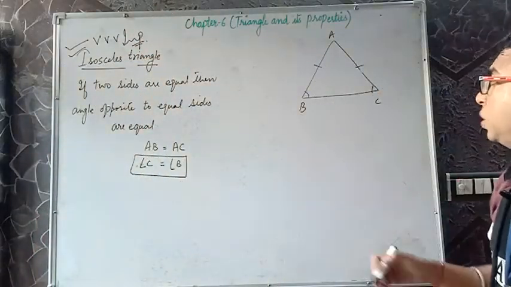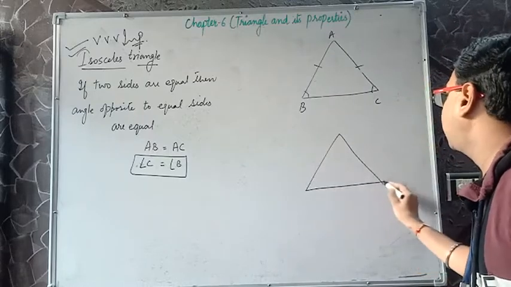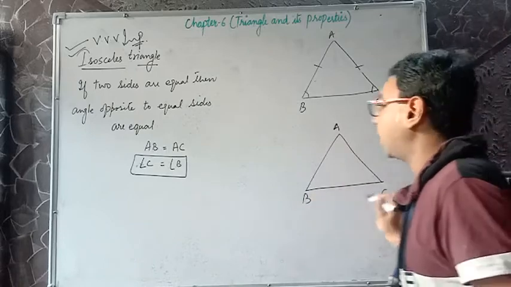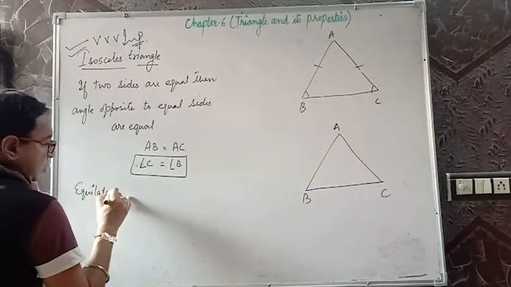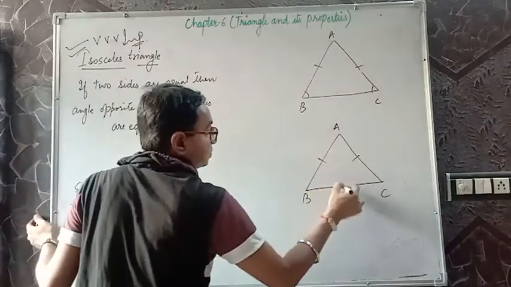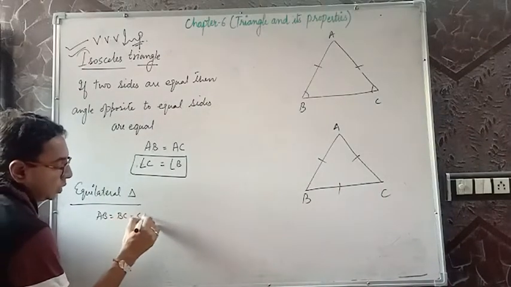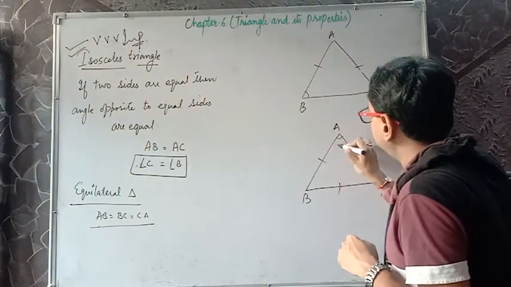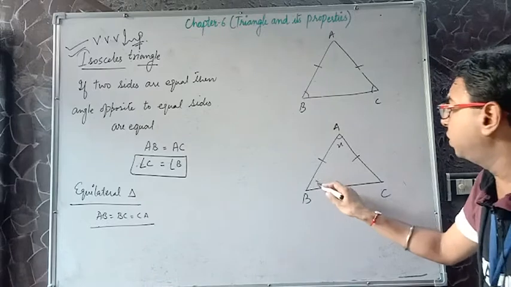Last property about equilateral triangle. What do you mean by equilateral triangle? Equilateral triangle means whose all sides are equal. So AB is equal to BC is equal to CA. Now we know that if all sides are equal, each angle will also be equal.